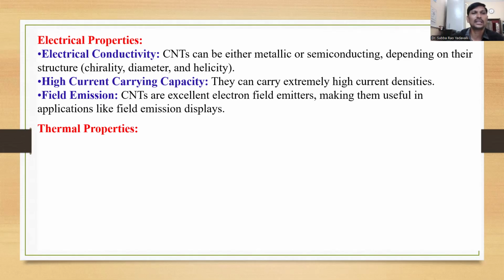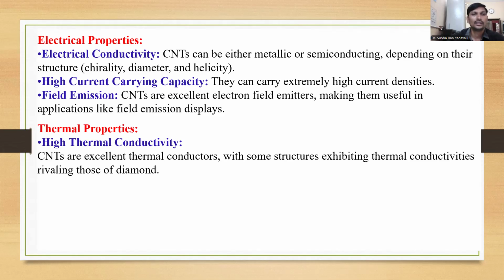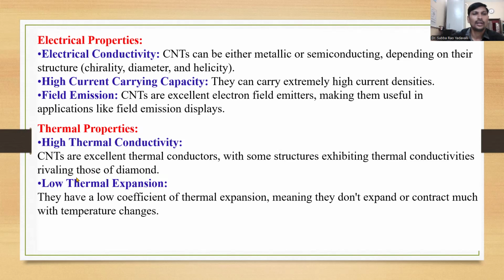And next one is the thermal properties. So high thermal conductivity. Carbon nanotubes are excellent thermal conductors, with some structures exhibiting thermal conductivities rivaling those of diamond. That means they can withstand high temperatures also. And they have low thermal expansion.